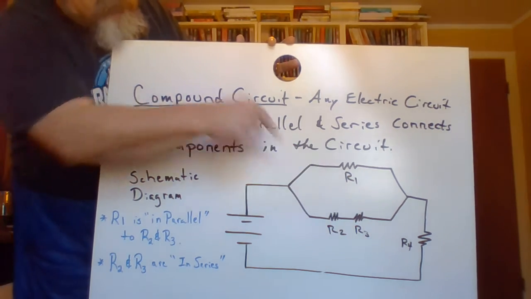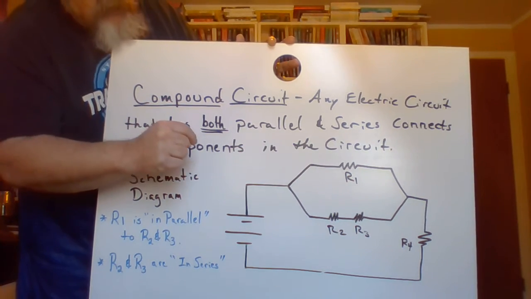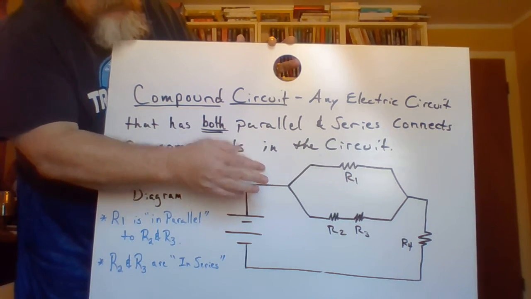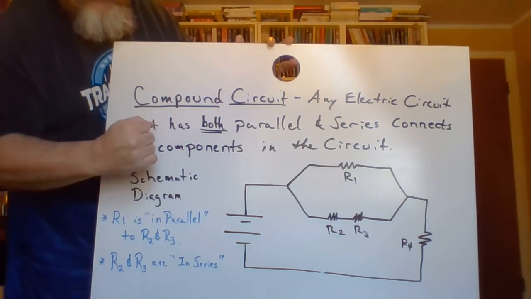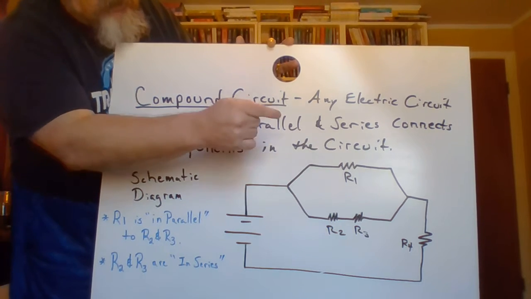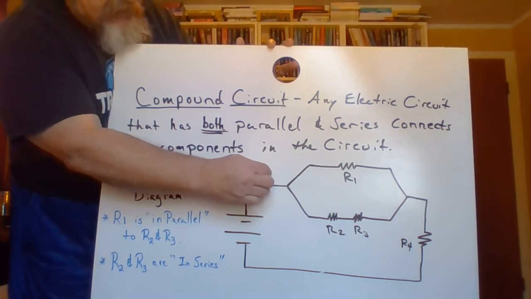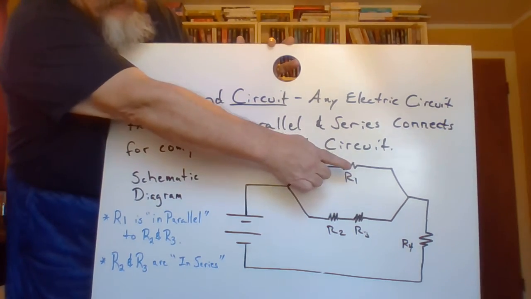Now let's look at R4 over there. R4 is in series to this connection right here. So R4 has all the current that was flowing and split and rejoined on the far side.